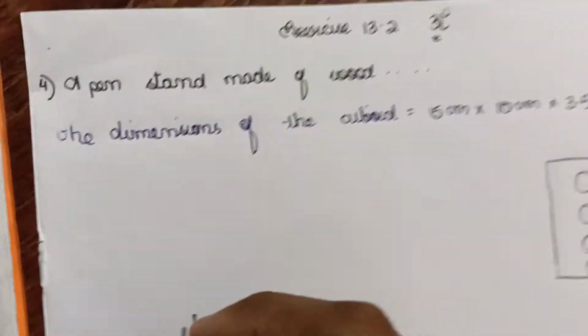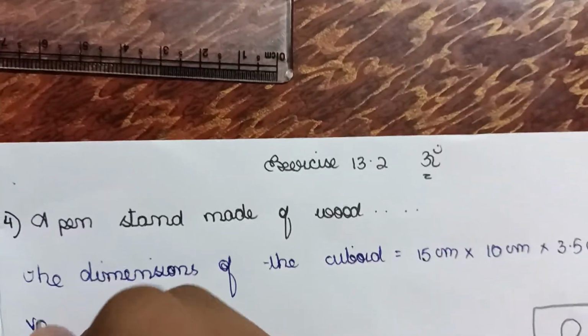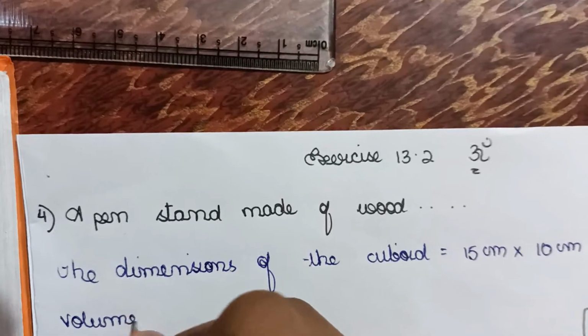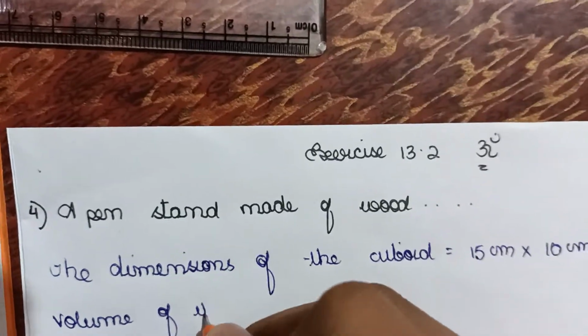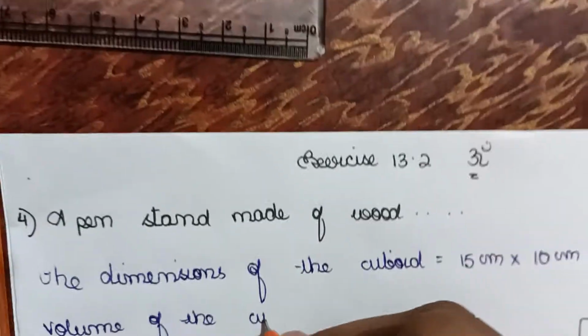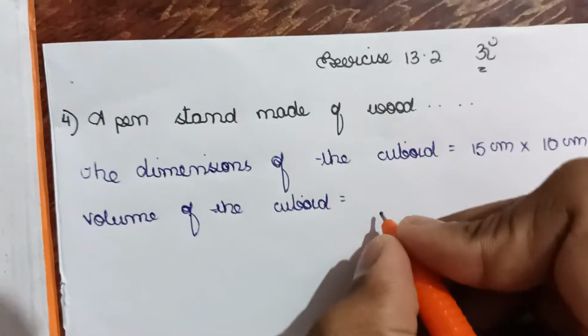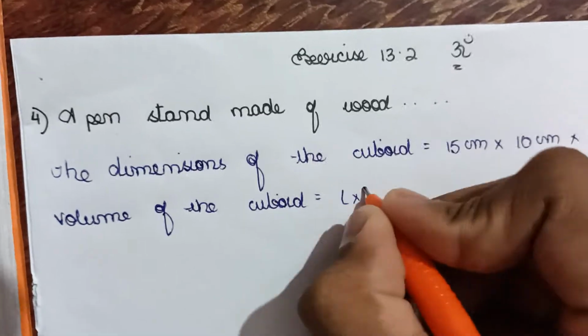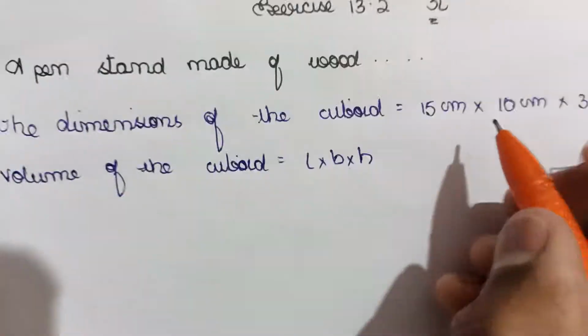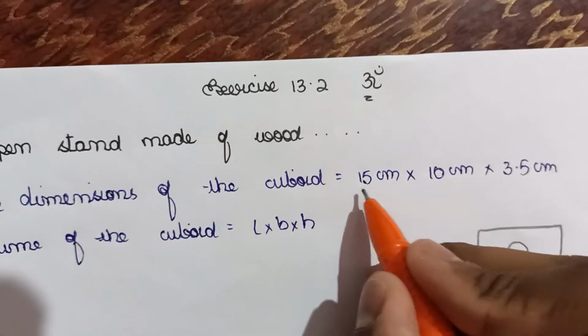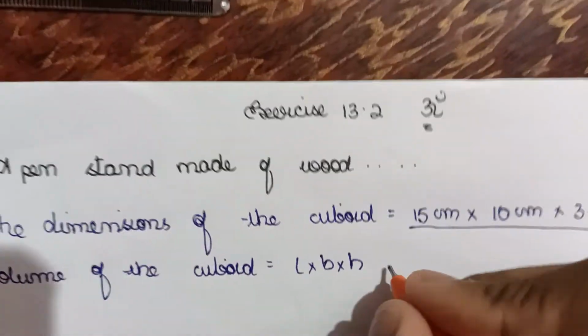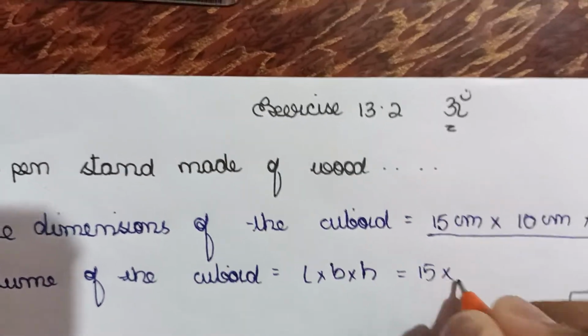So first let us find the volume of the cuboid. Volume of the cuboid, the formula is L into B into H, and all the values of L, B and H are given. So let's multiply them and check the answer.